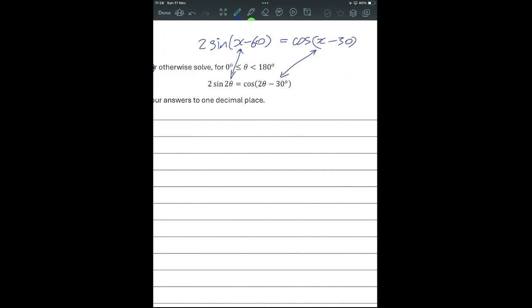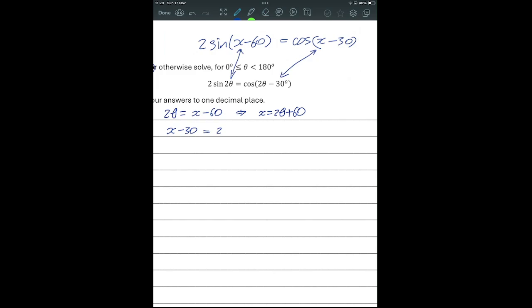So let's try it. If 2 theta equals x minus 60, well, that will mean that x is 2 theta plus 60. Oh, but that works, doesn't it? Because then x minus 30 is, well, x is 2 theta plus 60.